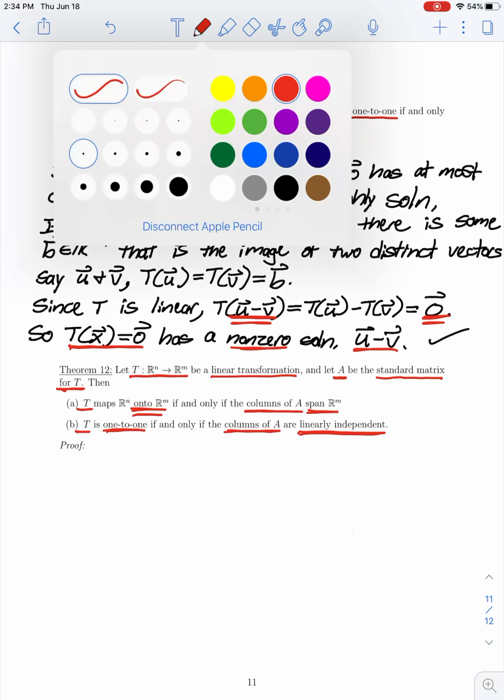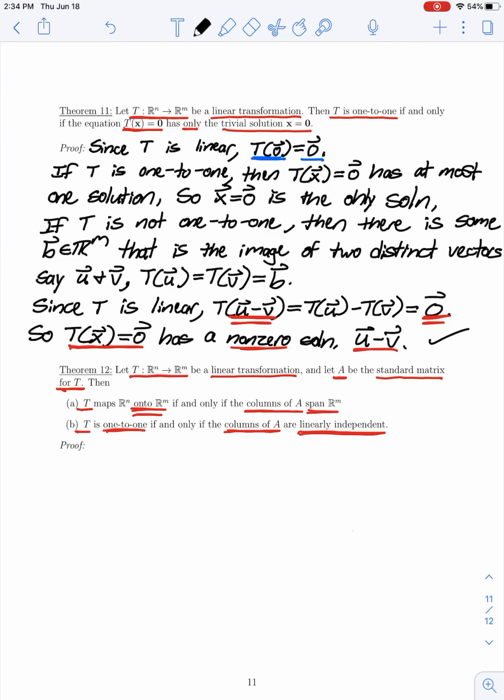Okay, so let's establish the proof of this theorem. This one's not too difficult. It follows directly by definition and some earlier results from this chapter. So to establish part A, let's recall a result that we saw in one of our earlier sections.